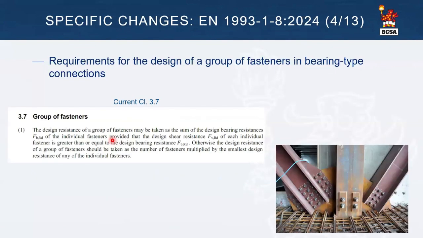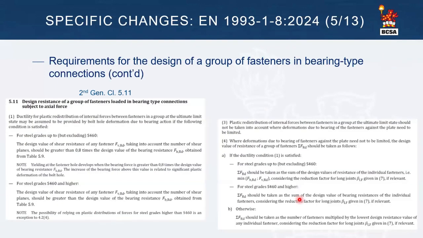Another change to note is for the design resistance of a group of fasteners, as for example in this connection shown here in this picture. Currently, there is a very simple requirement in this clause 3.7 where you will compute the design resistance of a group of fasteners depending on the relative magnitude of the shear and bending resistances.